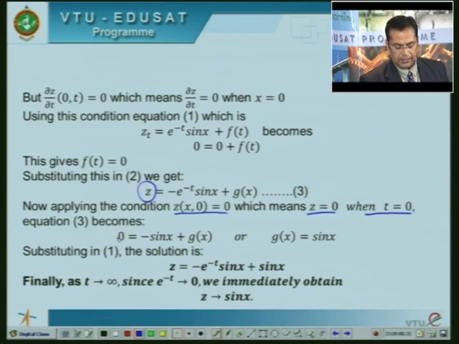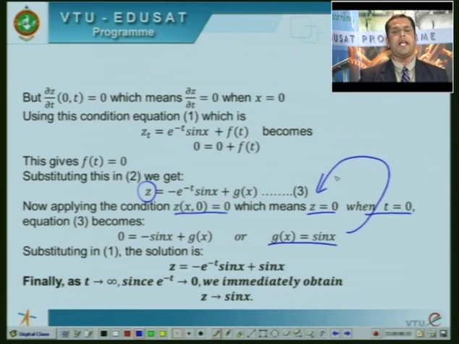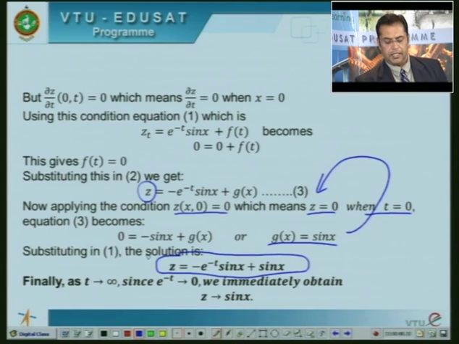Z is 0 in the LHS, when t is 0, e power 0 is 1. So, you get minus sin x plus g of x, or g of x is equal to sin x, which you can now substitute back in equation 3, giving you the particular solution as z equal to minus e power minus t into sin x plus sin x, which is a particular solution.